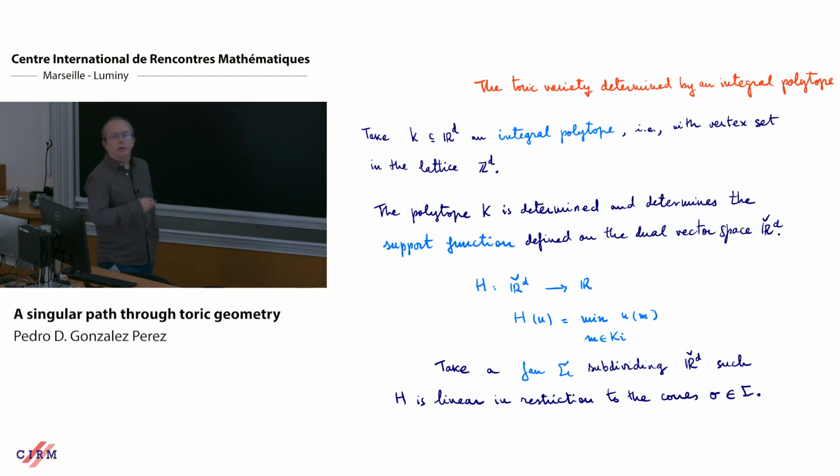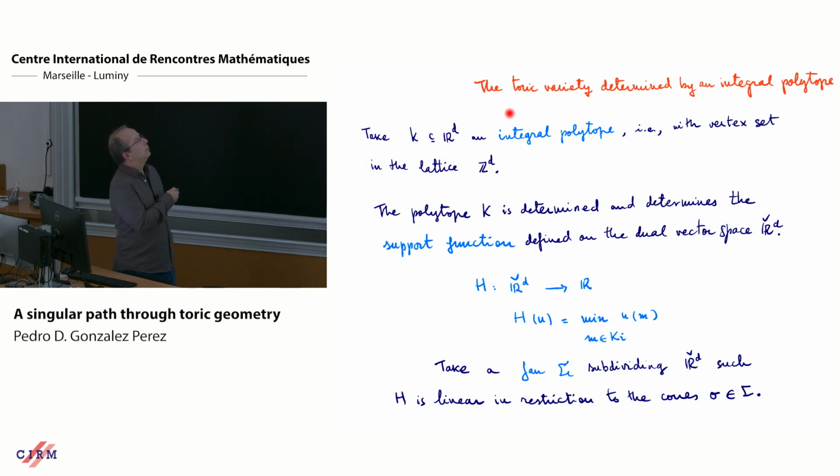Now, in order to give some idea of why one can get to this kind of relations using algebraic geometry methods, I'm going to recall the toric variety determined by an integral polytope.